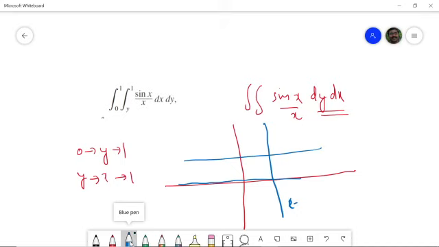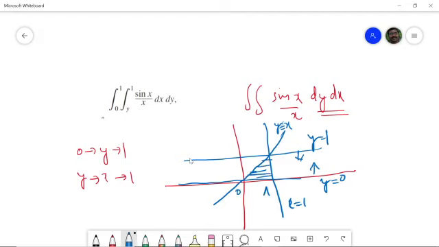Now x is varying from x equal to y, so x is going from this line, so this is the line y equal to x here. Now can you identify the region? y is varying from 0 to 1, so it is lying between these two line segments, and x is varying from y to 1, so basically this is the region. This shaded triangular portion OAB is the region.